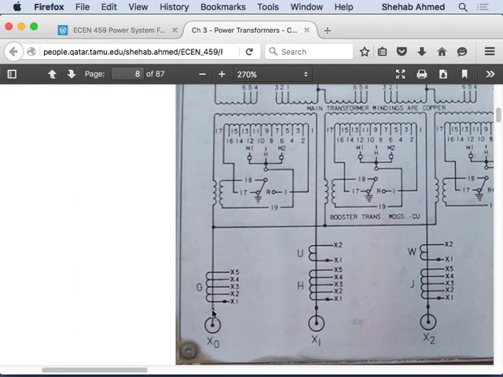And why do you need it on the ground one as well? Why do you need to measure current on the ground connection or the neutral connection as well? Yeah, because we want to make sure that there's no unbalance.